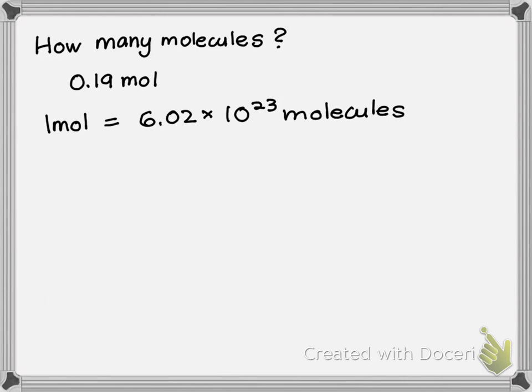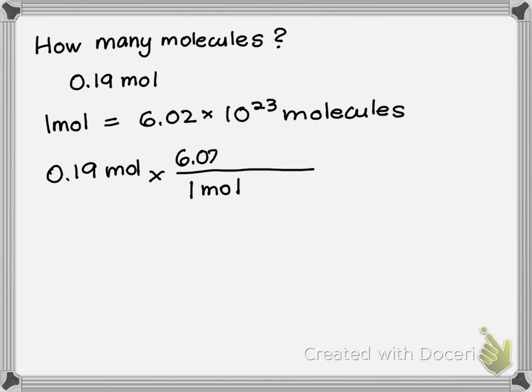So in order to go from moles to molecules, we would put the 1 mole on the bottom and good old Avogadro's number on the top. Let's see what that equals. We take 0.19 and multiply by 6.02, times 10 to the 23rd.